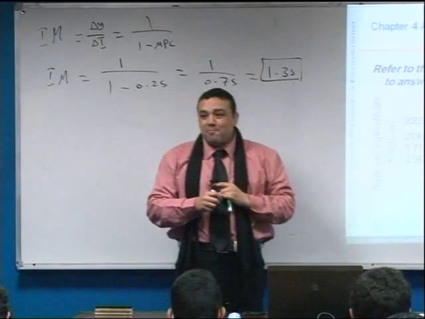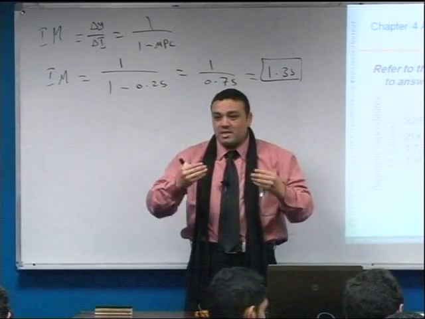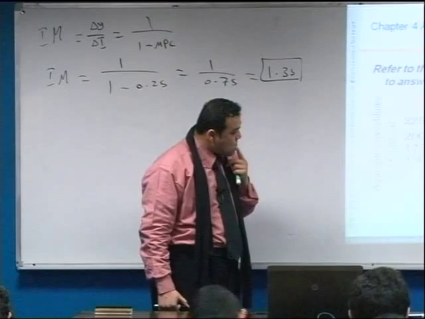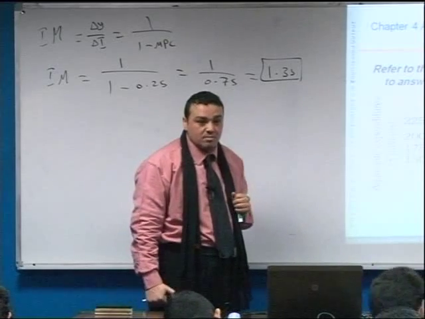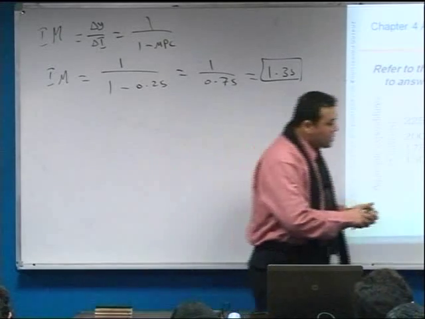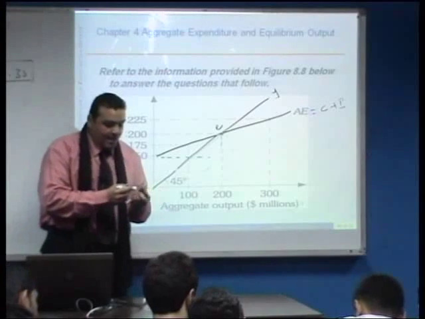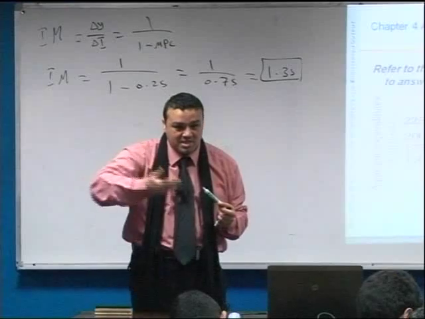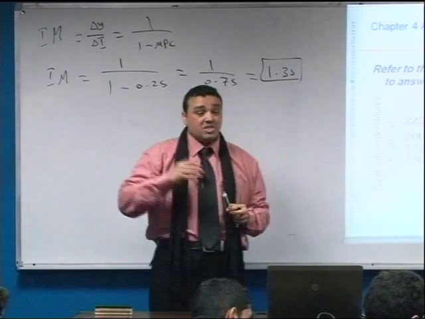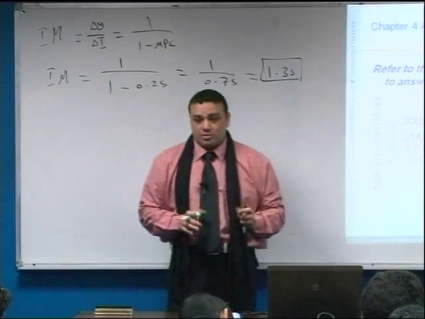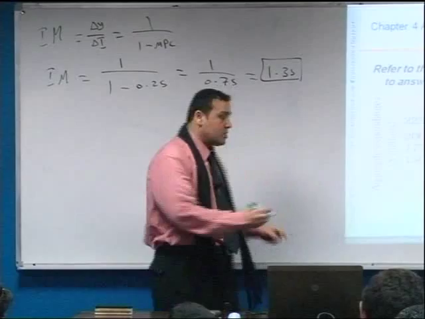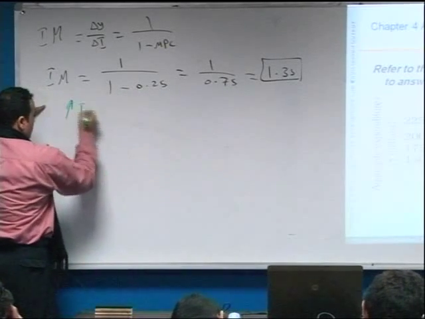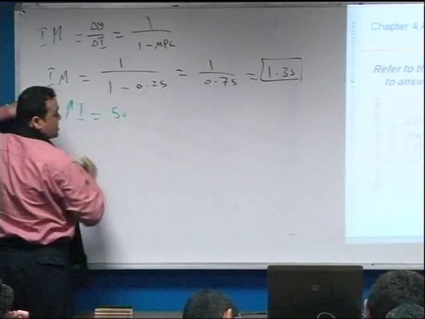Suppose that the planned investment increased by $50 million. How much is the change in aggregate output or aggregate income? Suppose aggregate investment increased by $50 million.